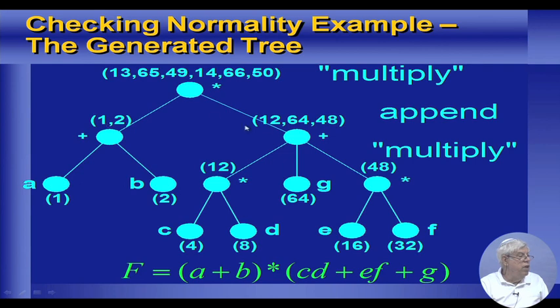So we have 1 and 12, which is 13, 1 and 64, which is 65, 1 and 48 is 49, 2 and so on. Notice I'm doing these in bit operations. So what looks like addition is really just union of the bit vectors. And similarly, 2 crossed with these give me these.